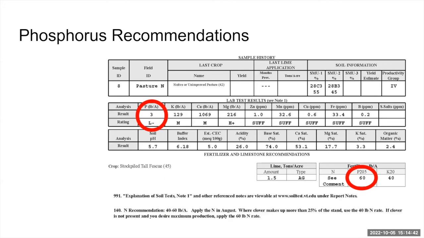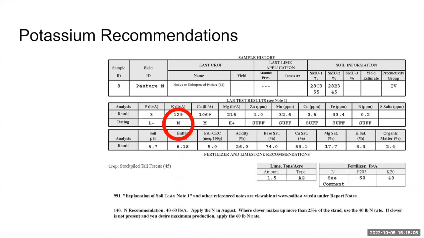So that fertilizer recommendation will correspond directly to the fertilizer bag label without any need for conversion. There is a difference between elemental phosphorus and P2O5, but you don't need to worry about that if that sounds like complete nonsense to you. Here's our potassium, a similar story with our elemental potassium and our K2O.